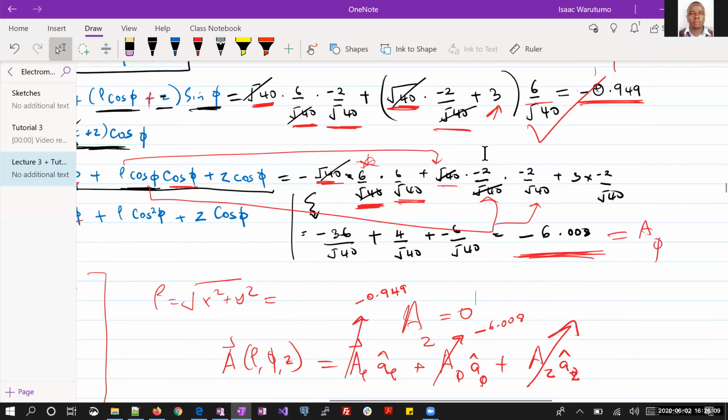I think I've answered all the questions that have been asked, except for Derek. Derek, you can explain further where you want us to repeat. You're saying repeat where there is 6 over root 40. Why is it 6 over root 40? Here or here? Just tell me. You can explain it quickly so that we move on. I've stopped sharing. Let me share again.